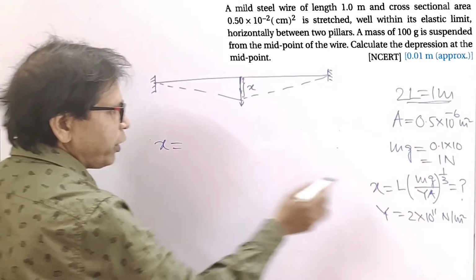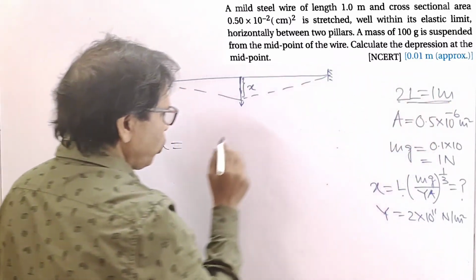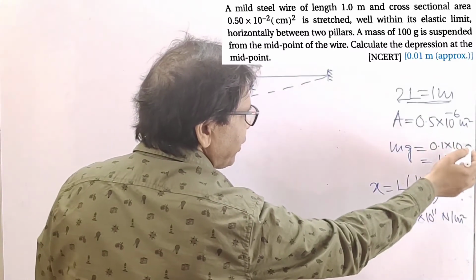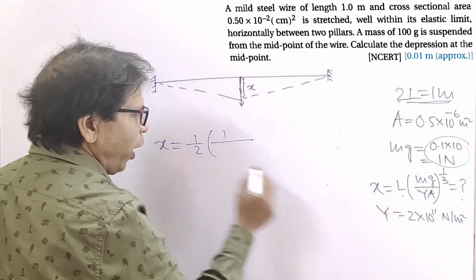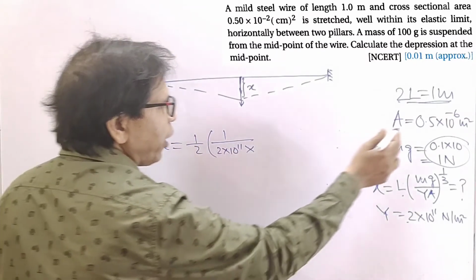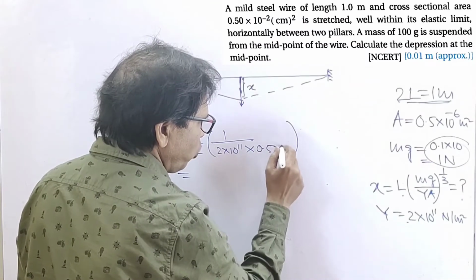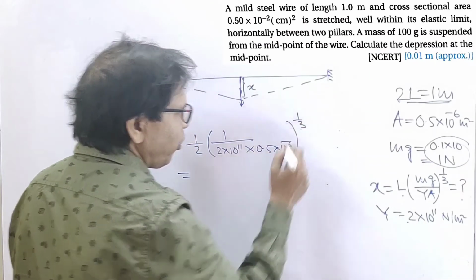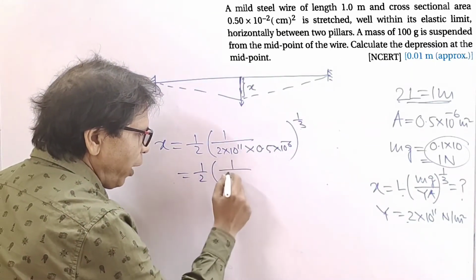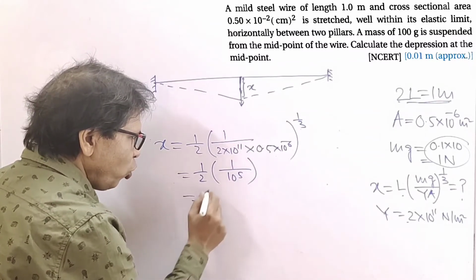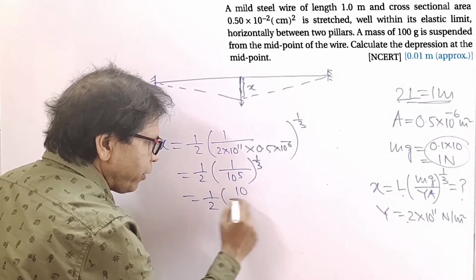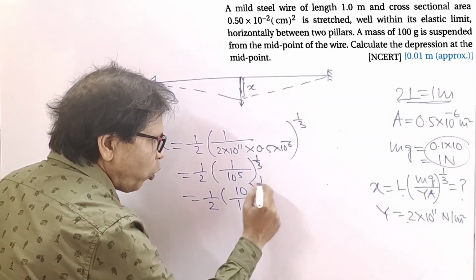Now x equals, this is the L, 2L is 1 meter, so L is half meter. Now mg is 1 Newton, Y is 2 into 10 to the power 11, and A is 0.5 into 10 to the power minus 6, whole to the power 1/3. Now this is half into (1 by 10 to the power 5) to the power 1/3. So this is half into (10 by 10 to the power 6) to the power 1/3.